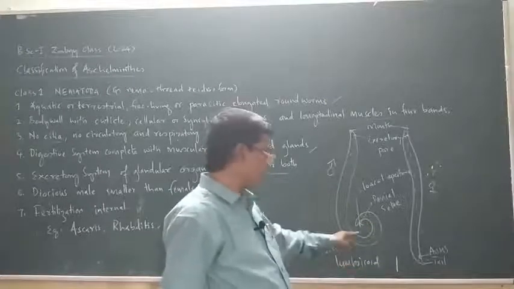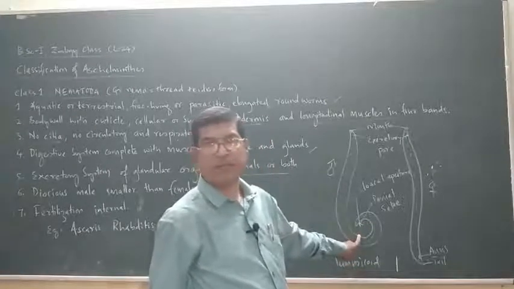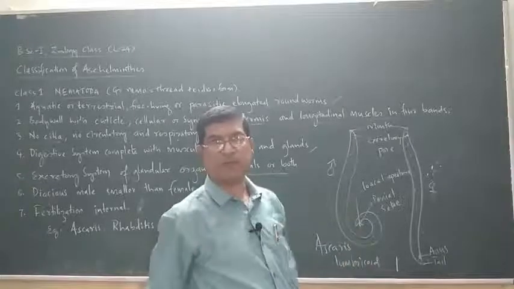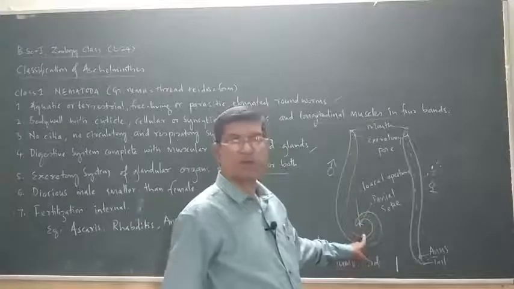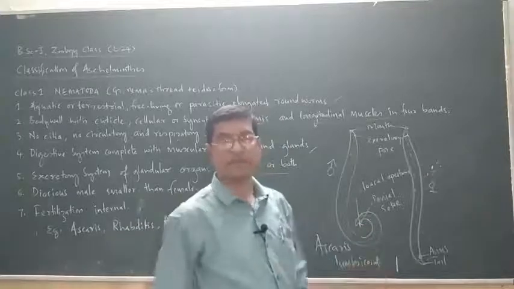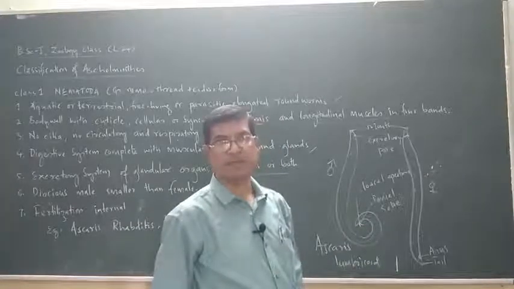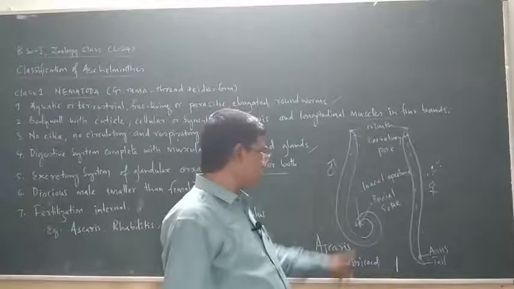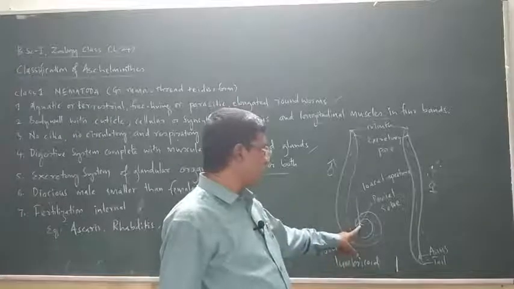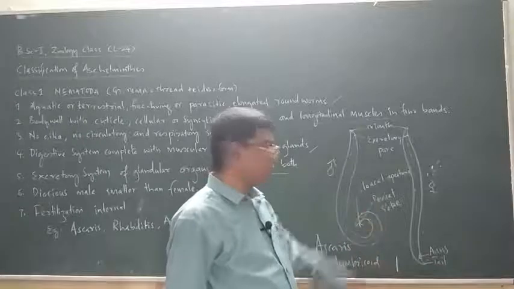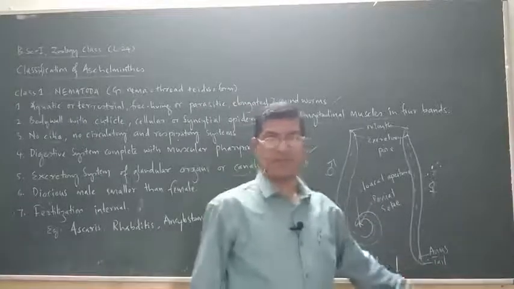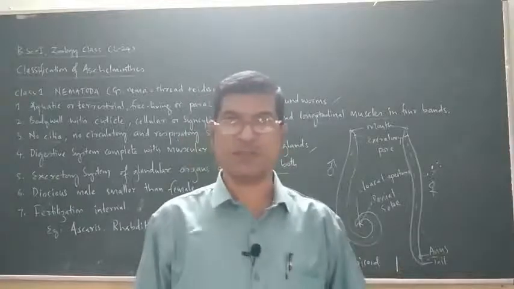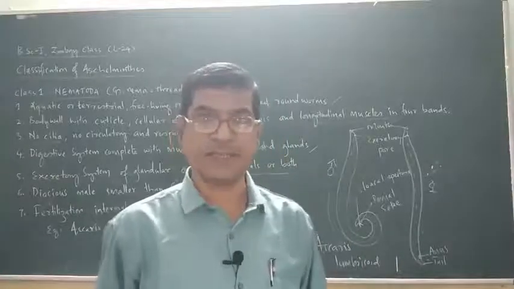At the posterior end of the male, a curve is there. The posterior end is bent to form a hook-like structure. Here at the cloacal aperture, perineal setae are present in the male, whereas in the female, no such structures are seen.